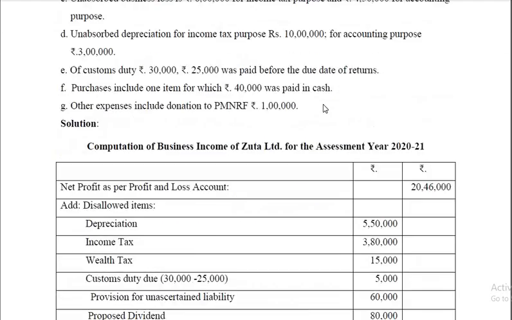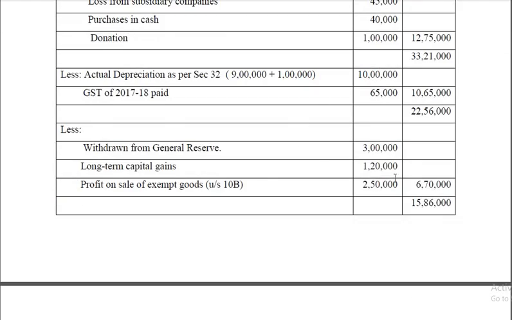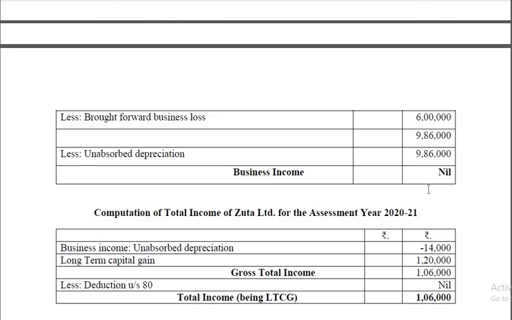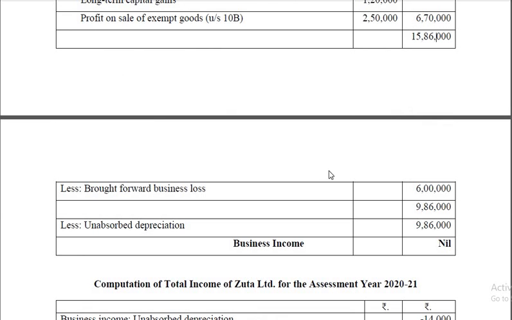These are the items to be deducted, and the total deductions here are 6,70,000 from 22,56,000. You deduct that, then you will get 15,86,000. This is the business income before set off.